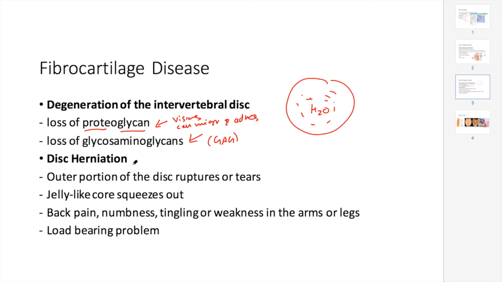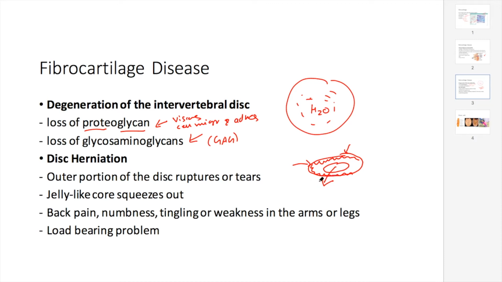Another thing is called disc herniation. The outer portion of the disc will rupture and tear. If this is a disc, due to mechanical stress or other types of stress, the outer portion will rupture or tear, and the jelly-like substance comes out, which can cause back pain, numbness, tingling or weakness in the arms or legs.